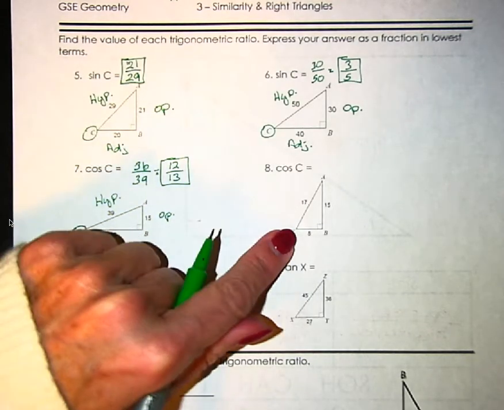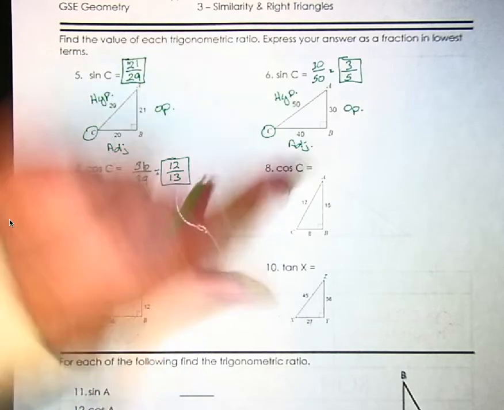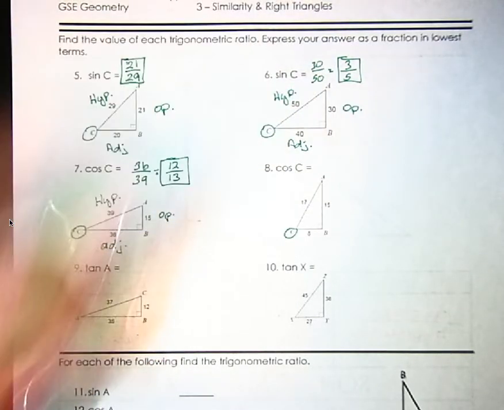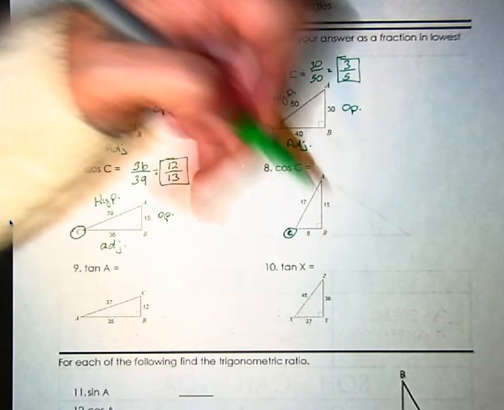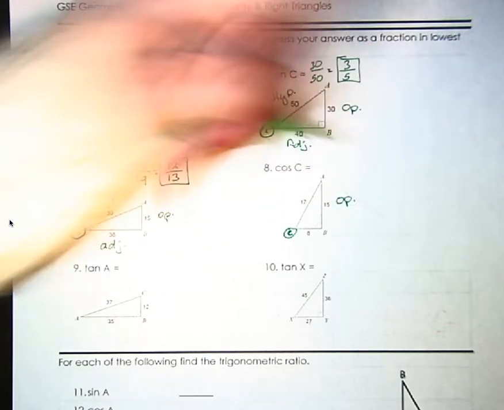Okay, so let's try one more cosine. We're going to do the same thing here. Cosine of C, circle our reference angle of C, that's a C if you can see it, and label your sides. Across from C is my opposite side. Across from my right angle is my hypotenuse.